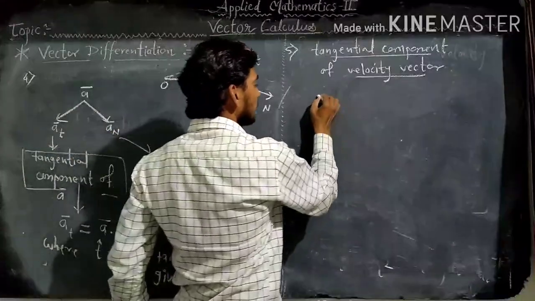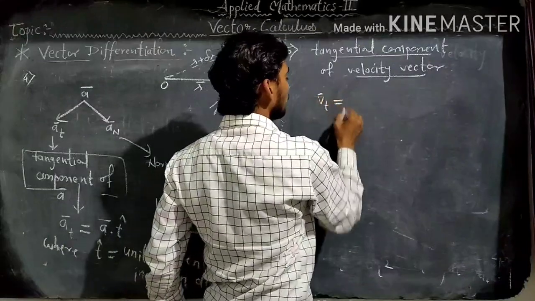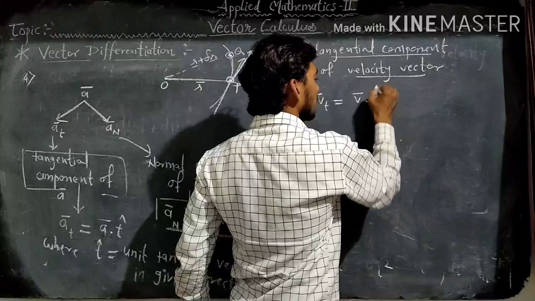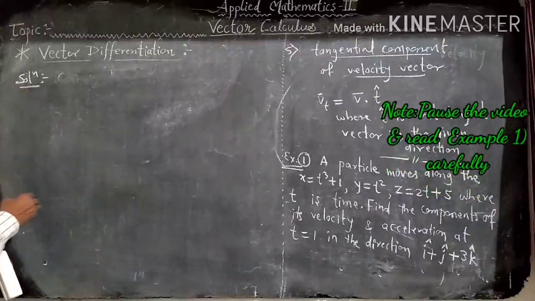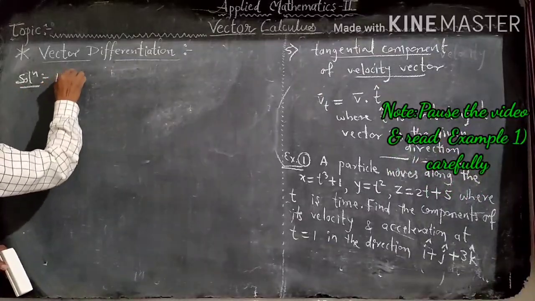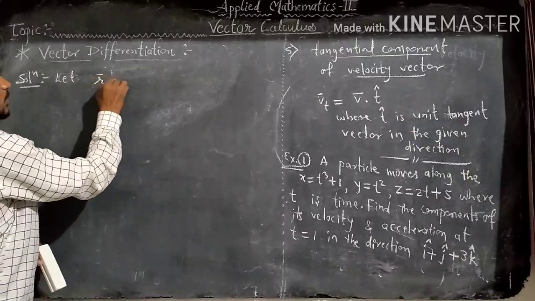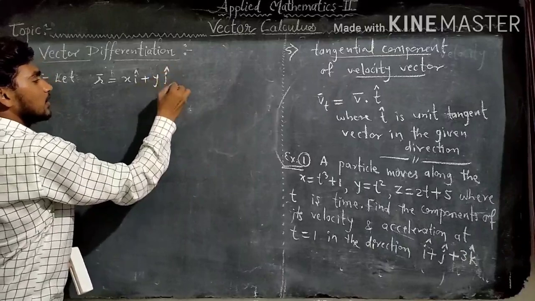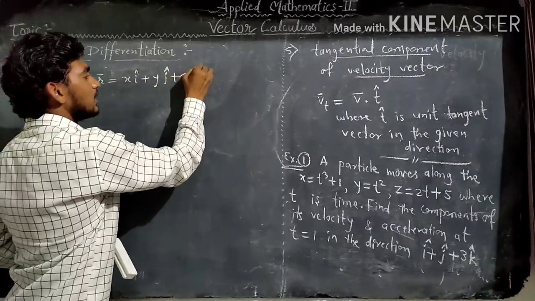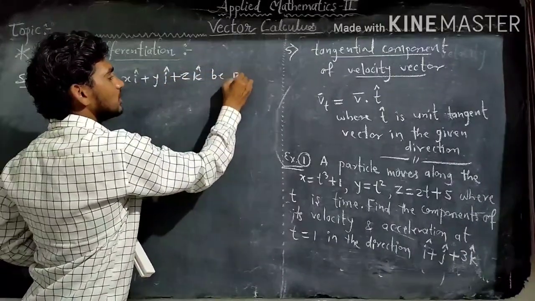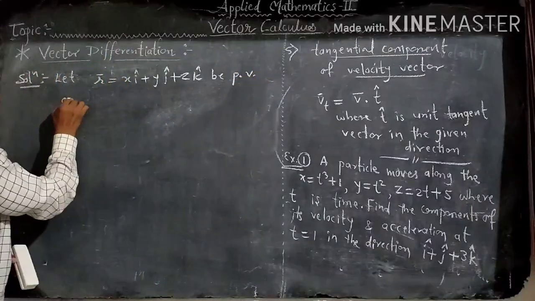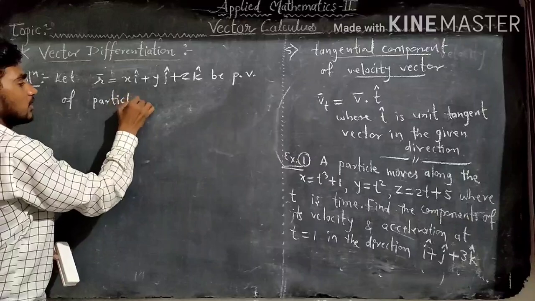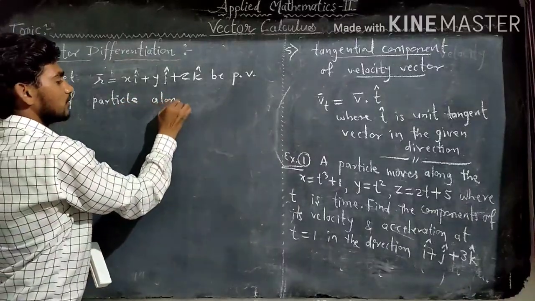So it is given as vt equal to vector v dot product with tangent vector t. Now let us see the solution. Let vector r equal to xi plus yj plus zk be position vector of particle along the curve.